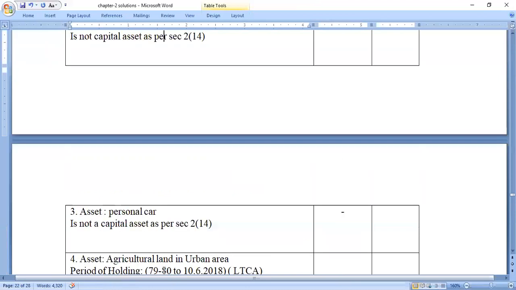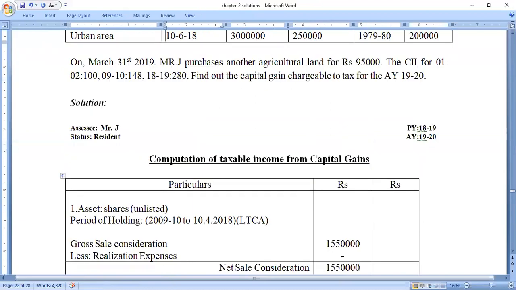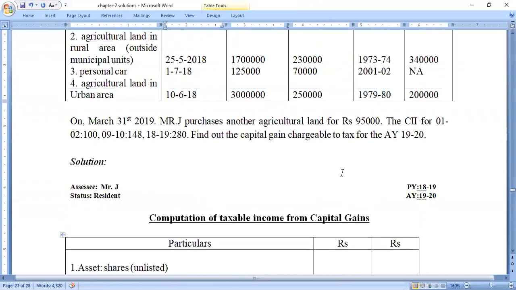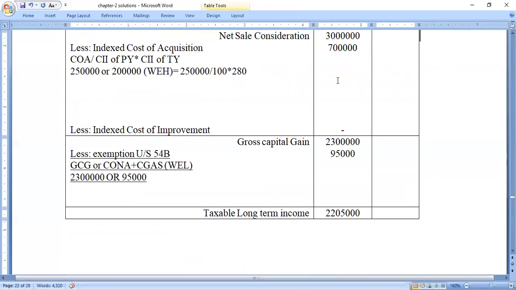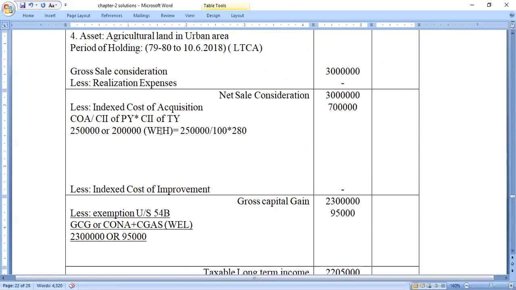If you check the problem, the asset was purchased for rupees 2,50,000 and the FMV as on 1/4/2001 is 2 lakh rupees. So take 2,50,000 or 2 lakh, whichever is higher.